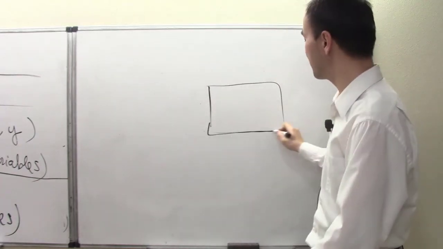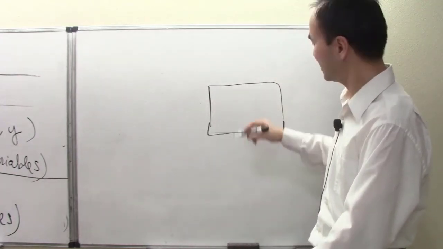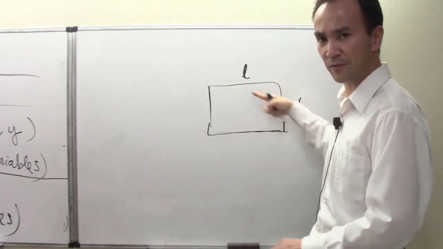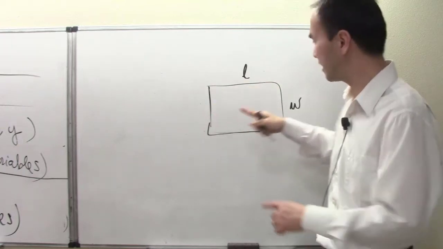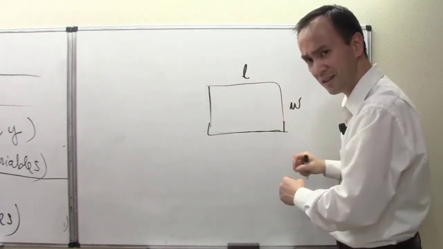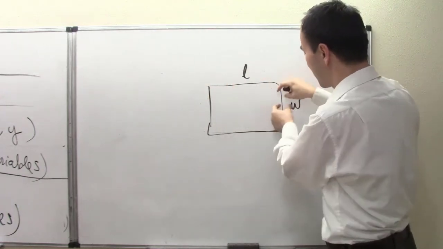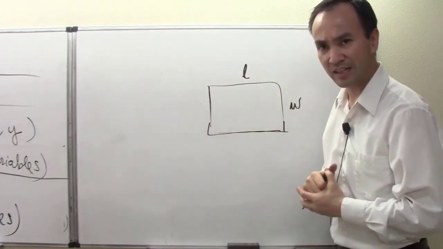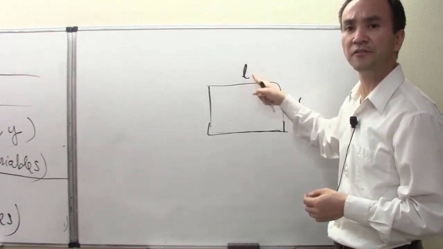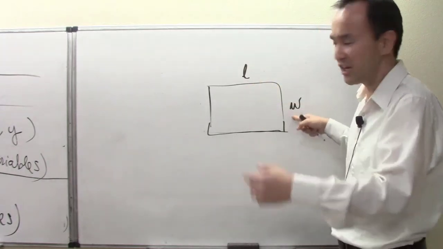An area means how much filling in. We can call the sides length and width. As far as being a rectangular shape, we can adjust the length longer and make the width a little shorter, or make the length a little shorter and lengthen the width a little bit. So length and width can always be variables because we can change these quantities.